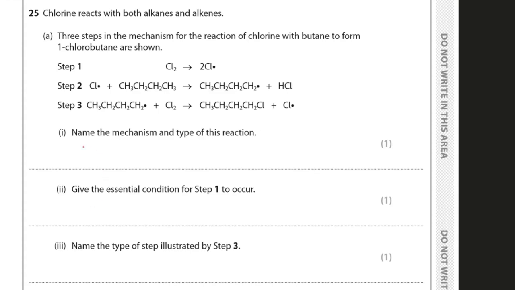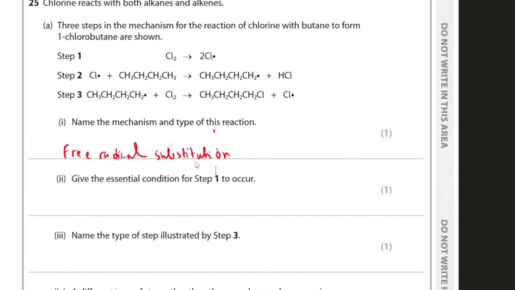So whenever a halogenoalkane is produced, the mechanism is basically free radical substitution, and obviously the type of the reaction would be a substitution reaction, considering one of the hydrogens is substituted for a halogen. So yeah, this is the answer.